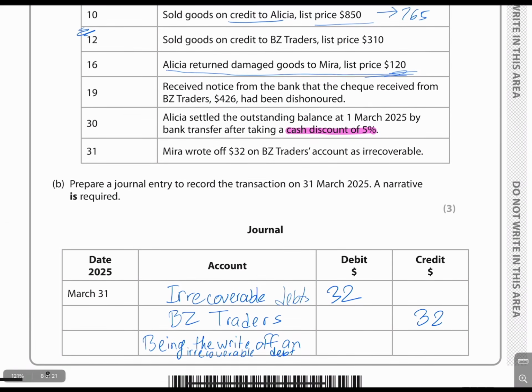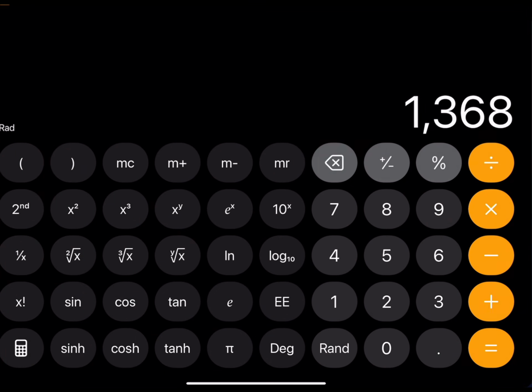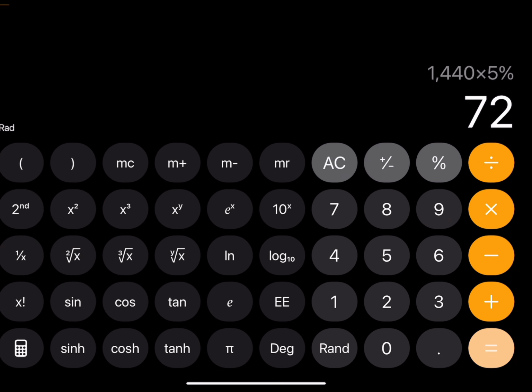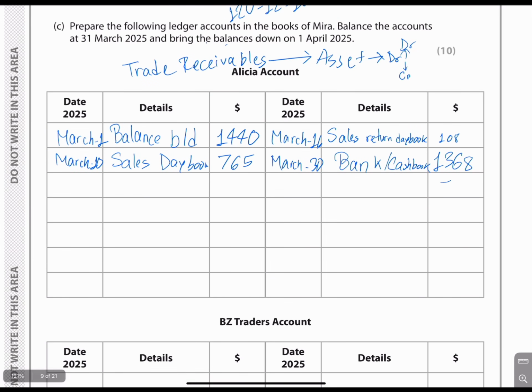Now how much cash discount was given? 5% was the discount, so 1440 into 5%. So this much cash discount was given, and we show it separately. You can either write cash discount allowed or cash book here. March 30th. If something is happening on the same date, I can choose not to write it again; it will carry forward.